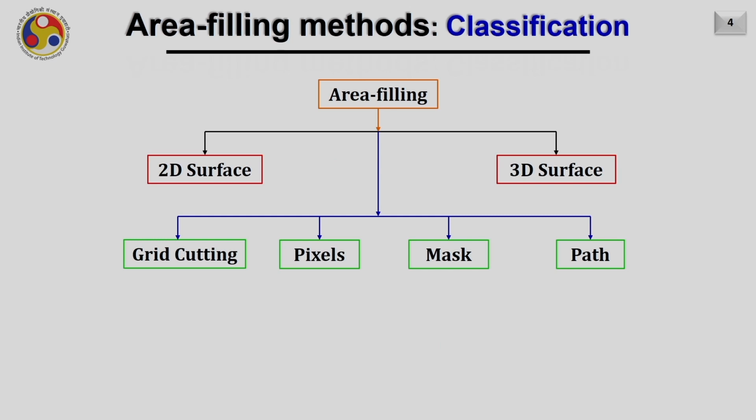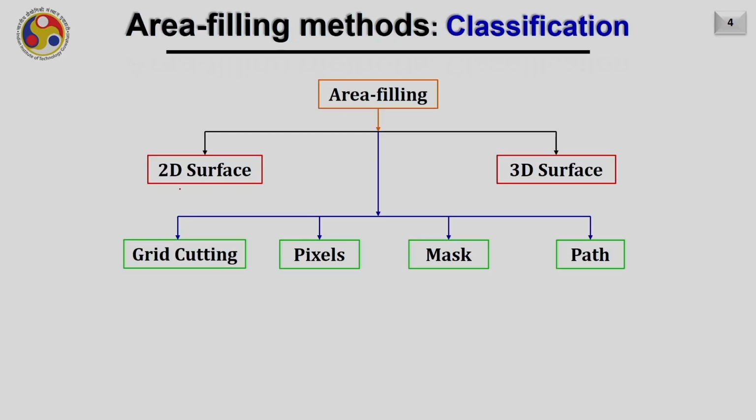There are different ways of filling the area in a slicing contour. As you can see on this slide, we may fill the area on a 2D surface or on a 3D surface. The different methods of filling the area could be grid cutting, pixel, mask and a path.